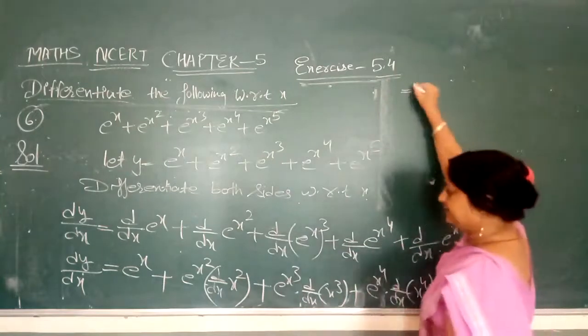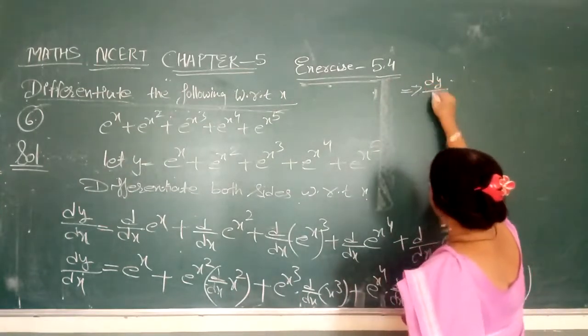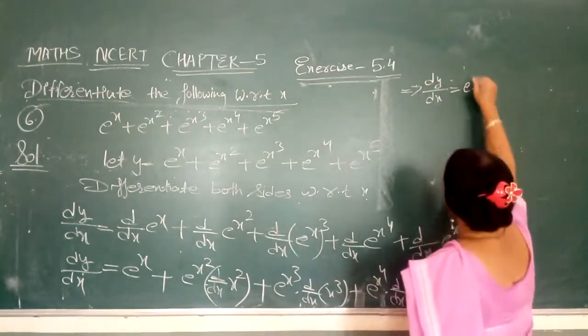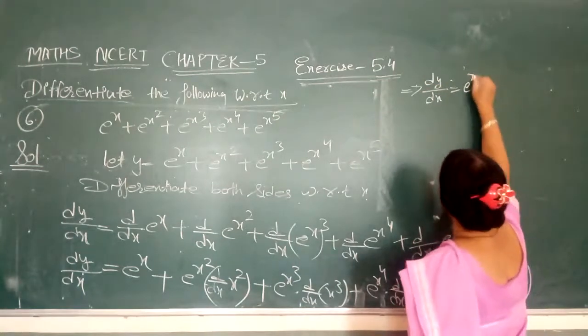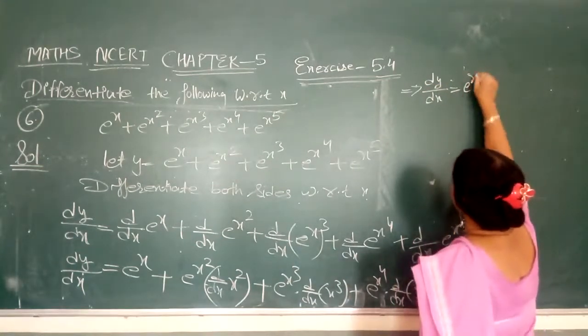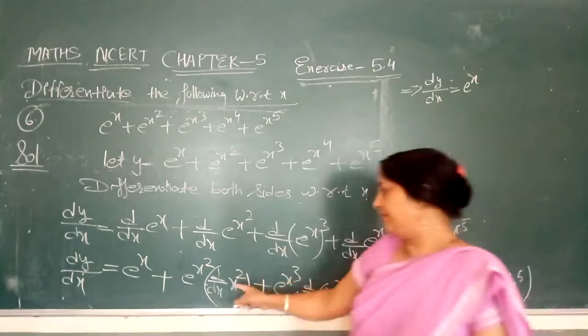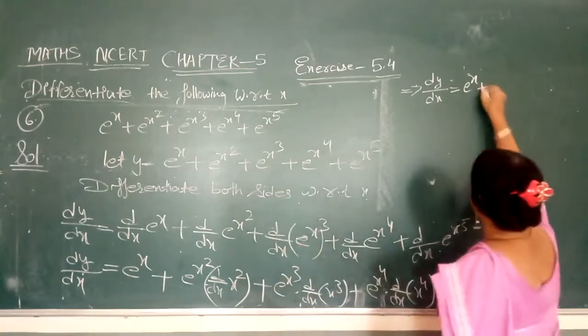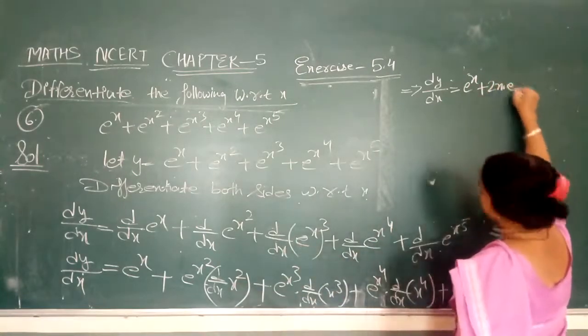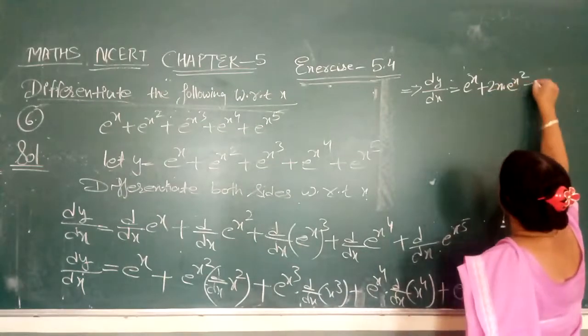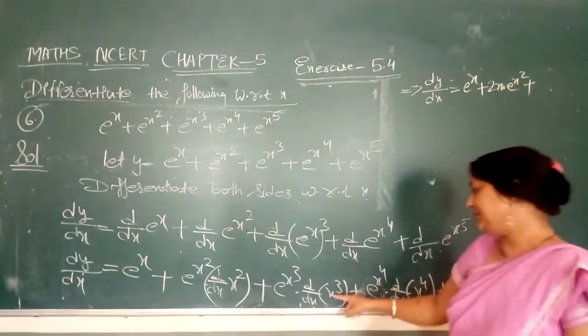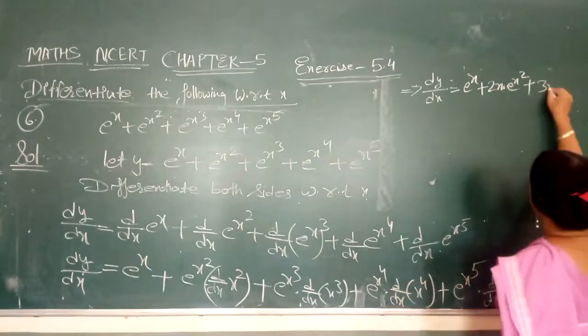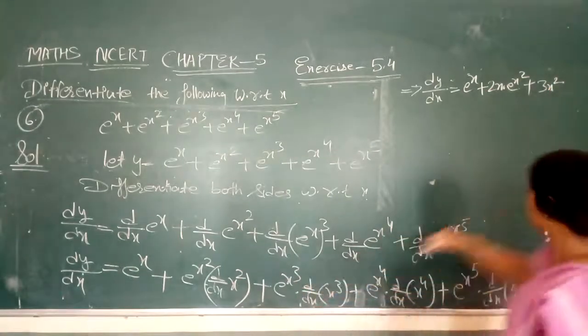Now you will find the derivative here. So it will come dy/dx = e^x, the derivative of the first term, and the derivative of x² is 2x, so plus 2x e^(x²), plus the derivative of x³ is 3x² and this term e^(x³) as it is.